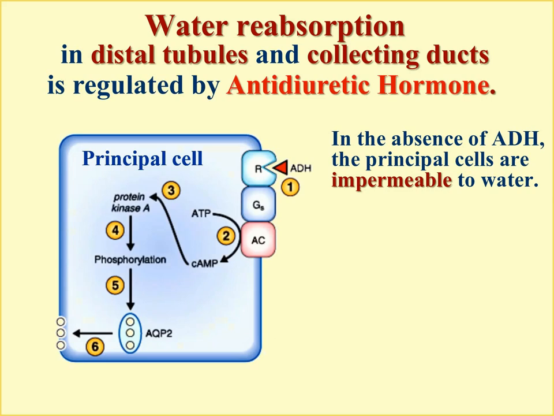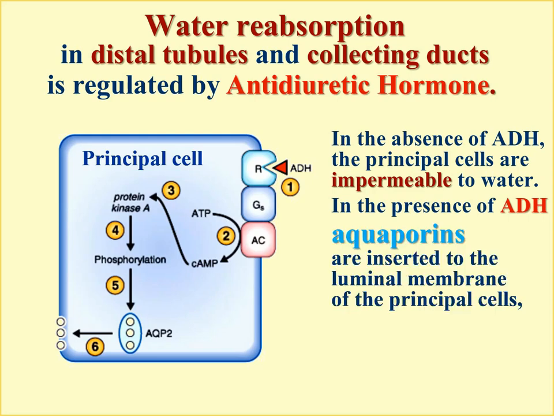When ADH is absent, the principal cells are impermeable to water at all. When ADH is present, depending on its concentration, the higher the concentration, the higher the opportunity to take water. Permeability to water increases.